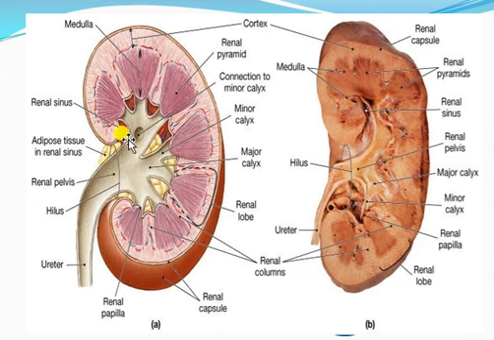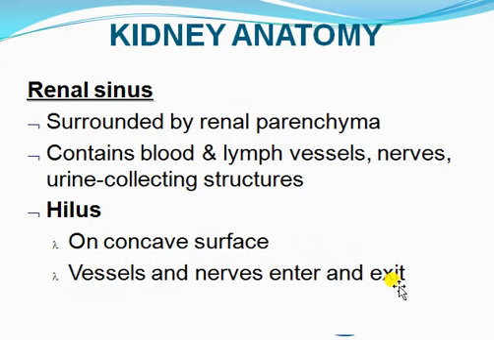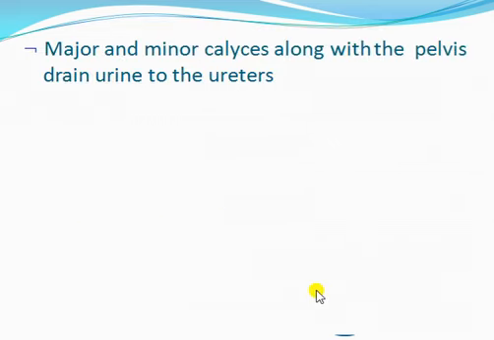Here the blood vessels and nerves enter. On the concave surface, vessels and nerves enter and exit. So the major and minor calyces along with the pelvis drain urine to the ureters.